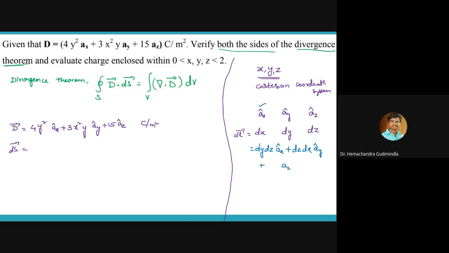Along the az direction, z is there, xy is missing, so I can write dx dy. This is the dS bar.